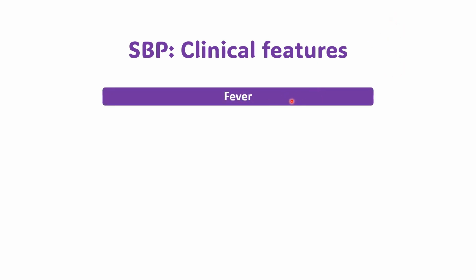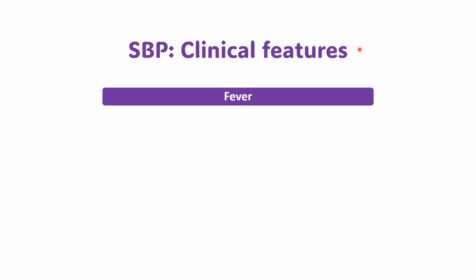So let's talk about some of the clinical features and symptoms, what patients might experience when they have SBP. It's important to remember that patients can also be asymptomatic. Patients can have a fever, and the absence of a fever doesn't rule out SBP. Patients who have liver cirrhosis are typically hypothermic at baseline.